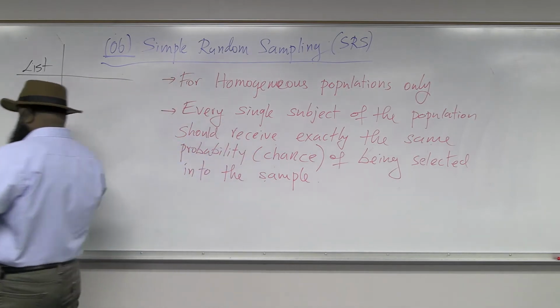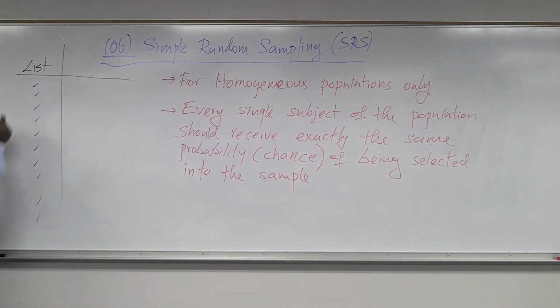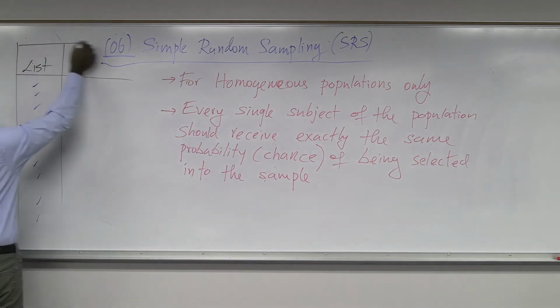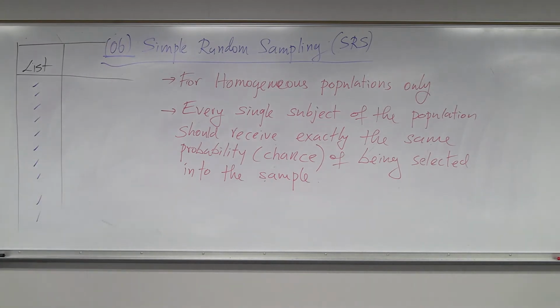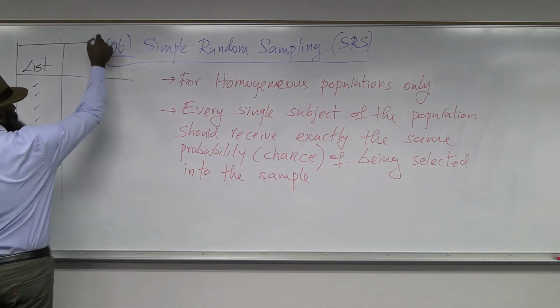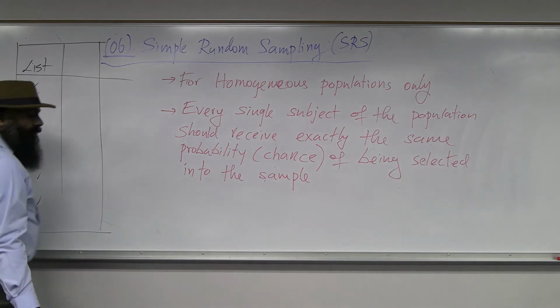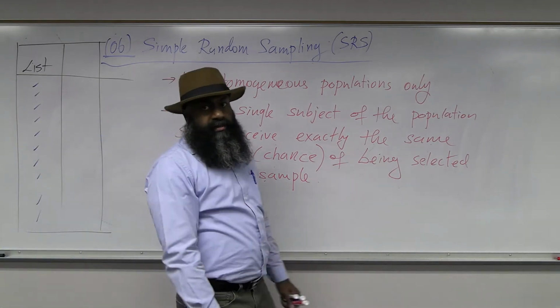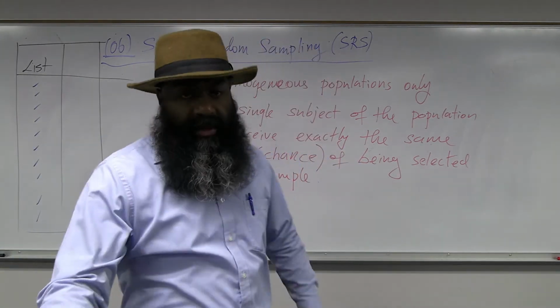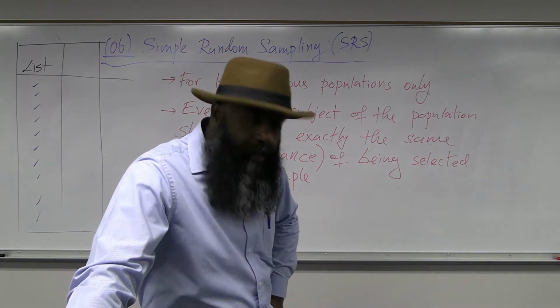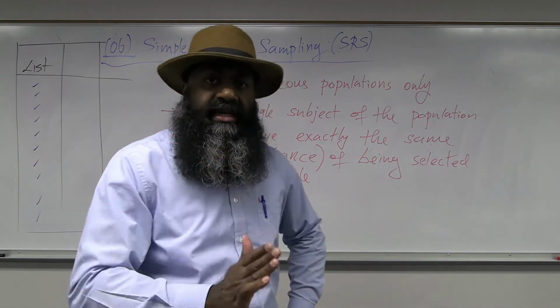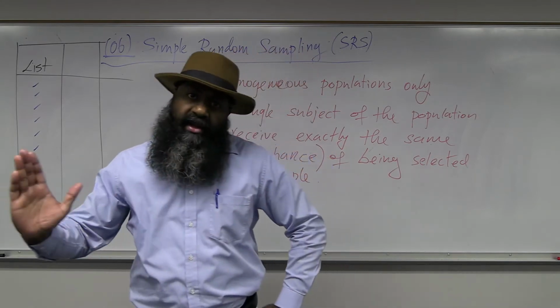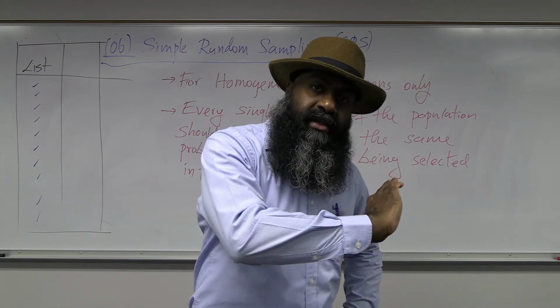So we can do it in MS Excel quite nicely. So the first column of MS Excel is for the list. And in the next column, I'm going to use a probability distribution. Now, can you suggest to me a probability distribution which assigns exactly the same probability for every single subject?